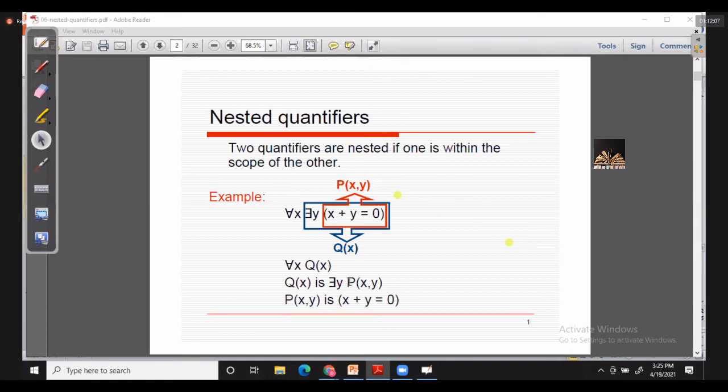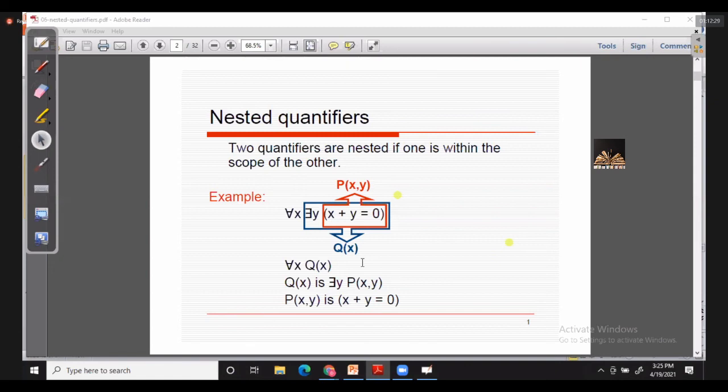Next, p of x, y is evaluated with there exists y, and the result, there exists y such that x plus y equal to 0, is called q of x.